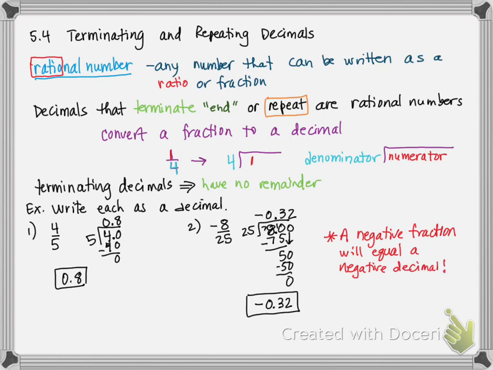All right, so that does it for terminating decimals. Let's turn our attention to repeating. You probably can still fit this on the same page. Me, I've run out of room on my screen, so I'm going to go to my next screen, and we're going to talk about repeating decimals.